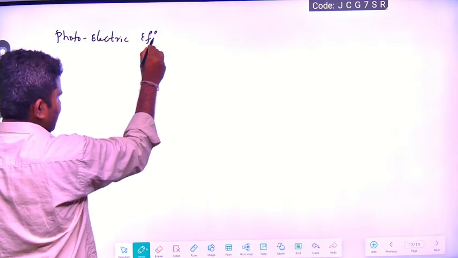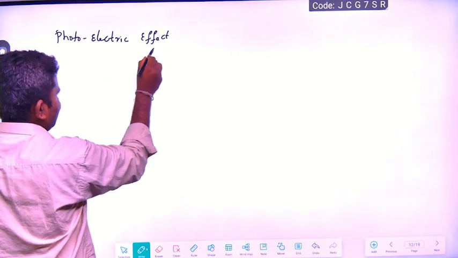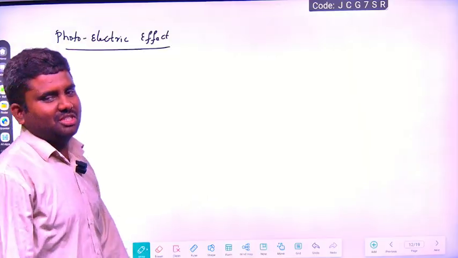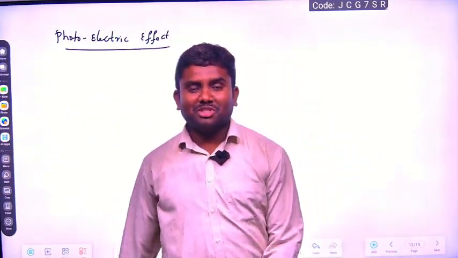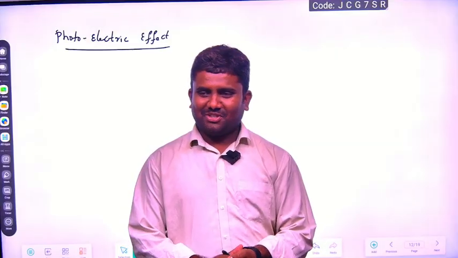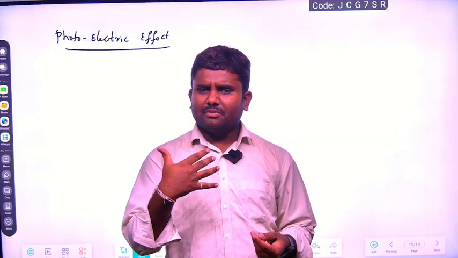Actually, this is very interesting when you do this with Einstein's photoelectric equation. Einstein explained this effect, photoelectric emission, very nicely. So first we will start with basics.